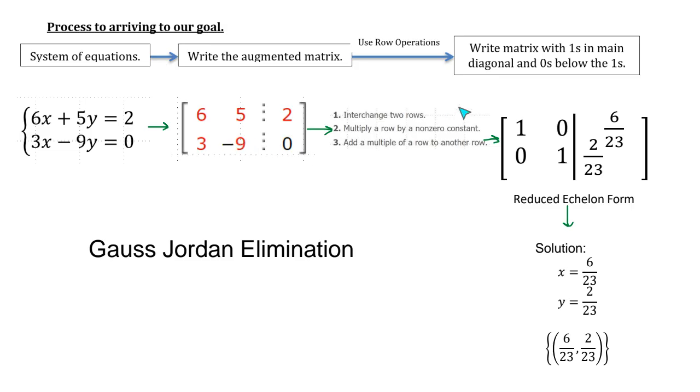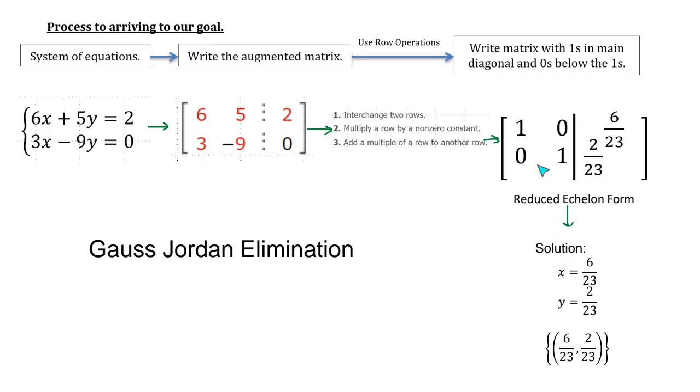Then we're going to use row operations, the ones we were using earlier, so that we can rewrite our system with ones on the diagonal and zeros everywhere else. If we can make this matrix look like this one, then from here we'll be able to get our solution.